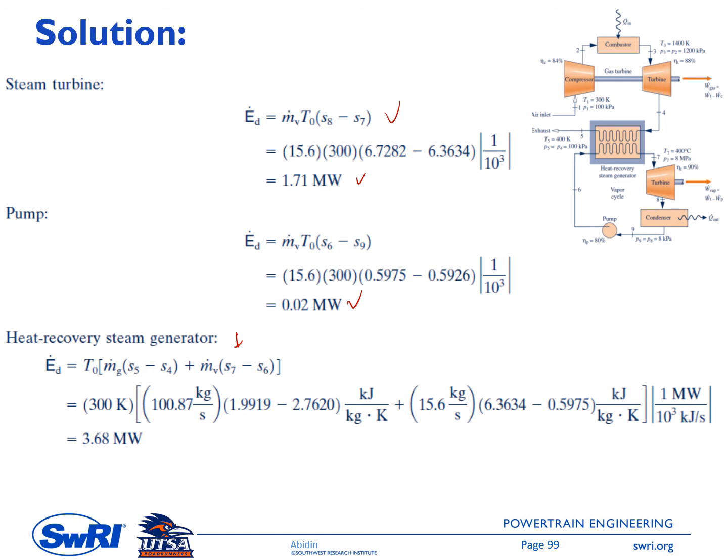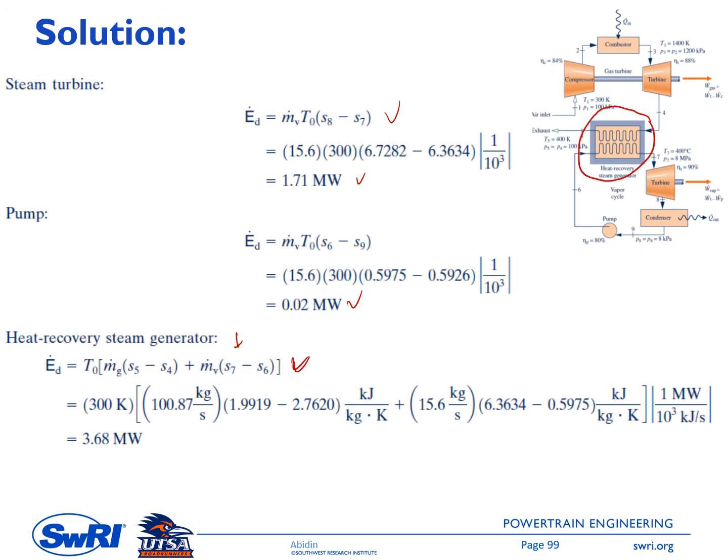We have a slightly different formula for the ED dot inside the heat recovery steam generator, because this is a heat exchanger with two streams, and the streams do not mix. So review chapter 7 again about the exergy destruction for this kind of system.